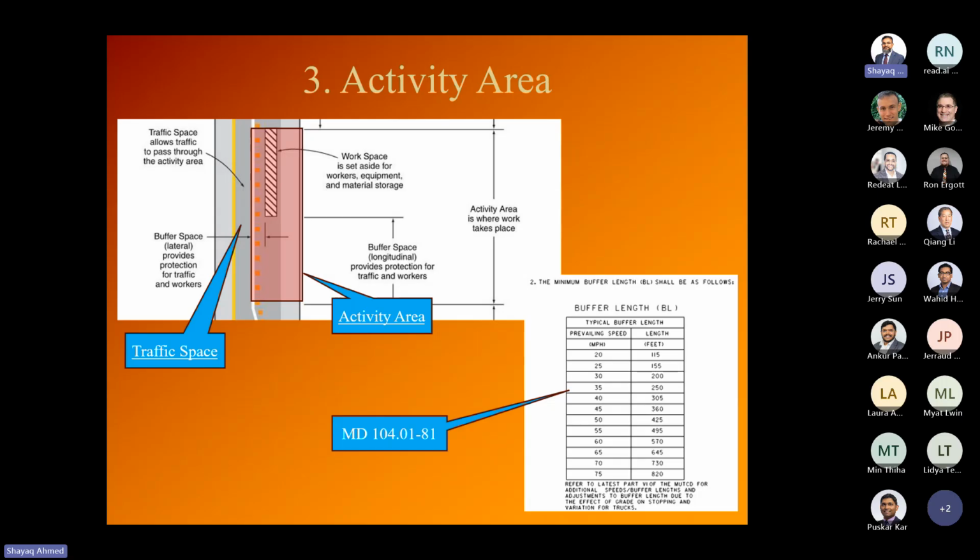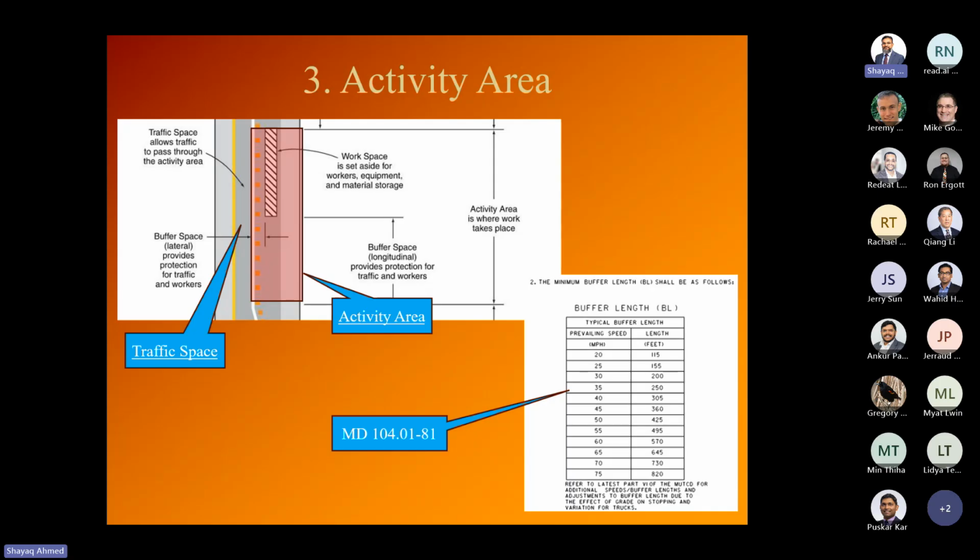Probably the TMA should be after the buffer space. Exactly. So when you show the TMA, we usually don't show the TMA on the plan, but just remember that the TMA should be outside the buffer area as well.